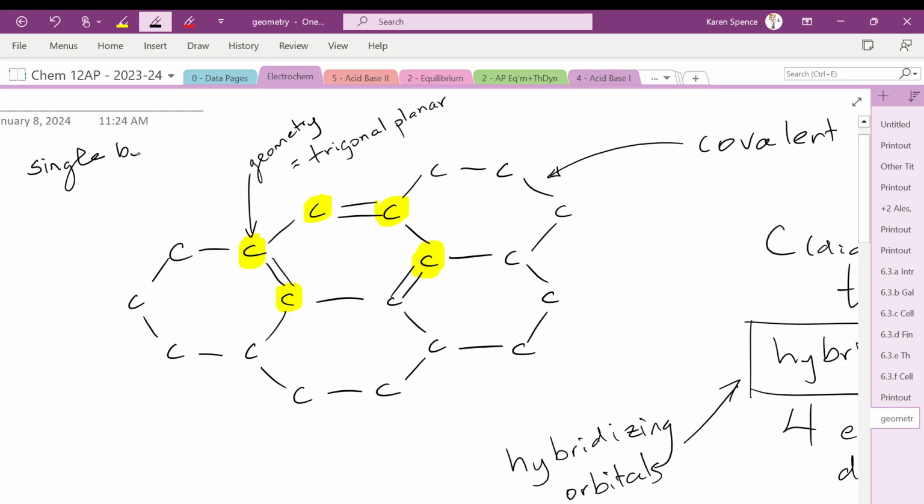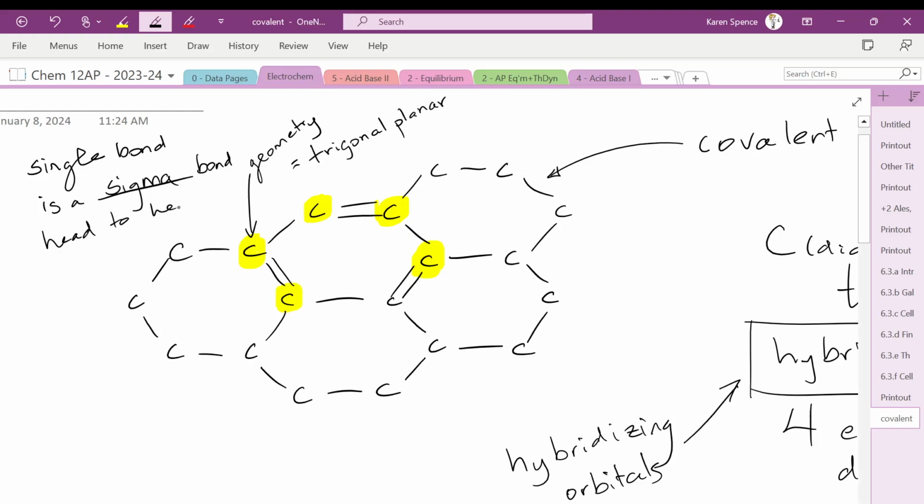A single bond is a something bond. It's a Greek letter. Sigma bond. It's caused by what kind of overlap? This kind of overlap or that kind of overlap? That kind of overlap, head-to-head overlap.